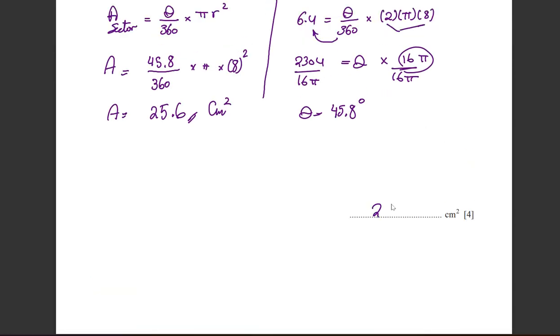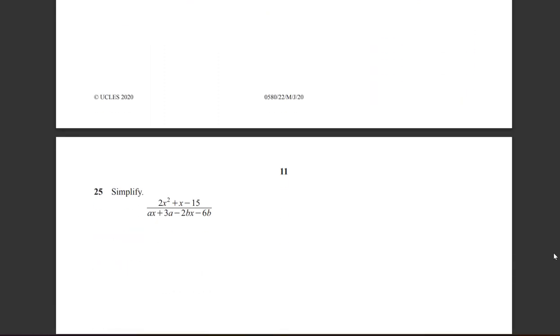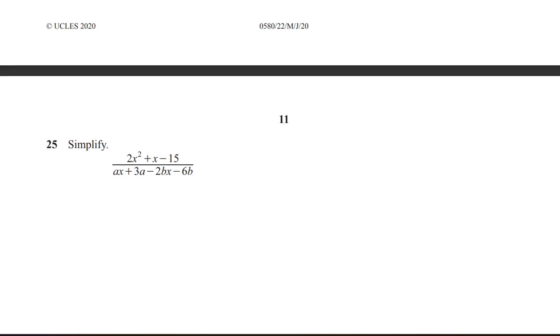Question number 25. He's telling me to do what? To simplify this. If I want to simplify this, I will simplify the numerator alone and the denominator alone. So first I am going to simplify the numerator alone, which is 2x squared plus x minus 5. I will do what? Two brackets, here x and here x.